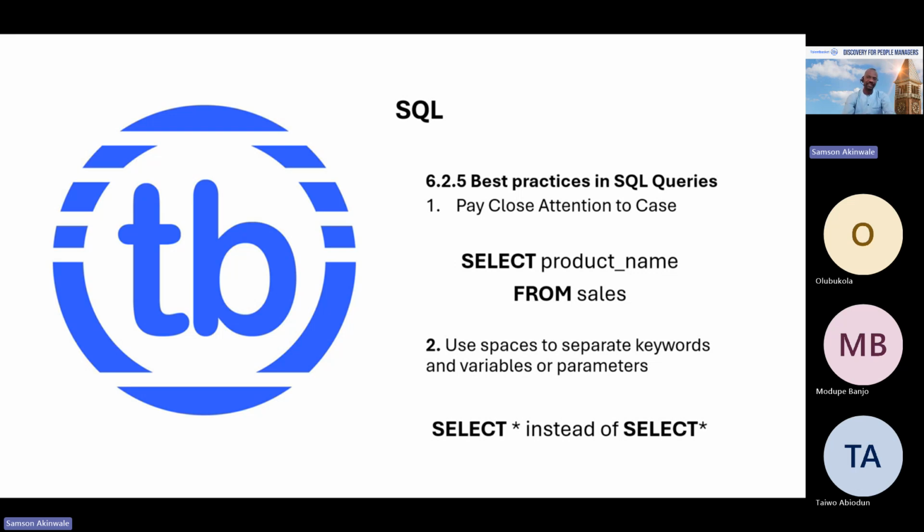Attribute in this sense are the names we give to columns or some variables you want to call. It is good you differentiate what case those ones are written from the case with which you write keywords.